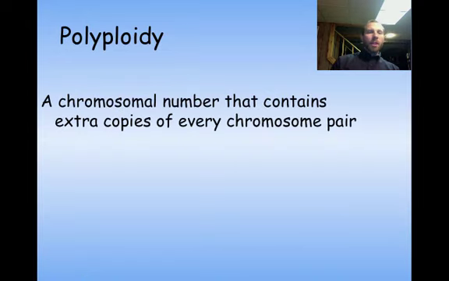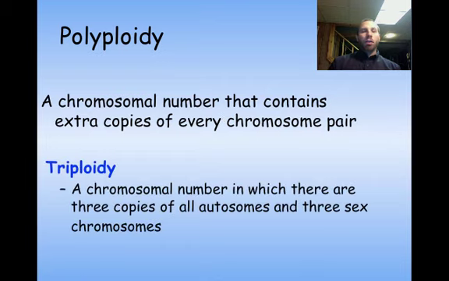Polyploidy is the term for when a cell has an extra copy of every single chromosome. A triploidy is a common example of this, a chromosome number in which there are 3 copies of all autosomes and 3 sex chromosomes. And we'll look at a karyotype here momentarily. But what that means is instead of just having 46 chromosomes, you have an extra 23 on top of that, an extra copy of each chromosome.